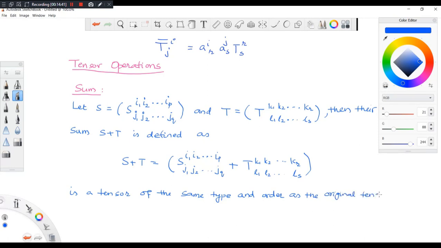Okay, so you add the components. So you will get the sum of these two. You can take any simple example and then you can see how the sum works.